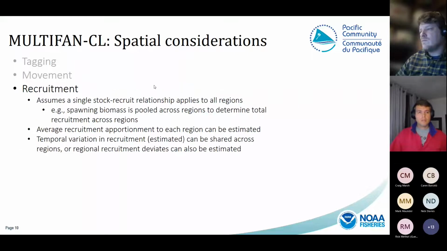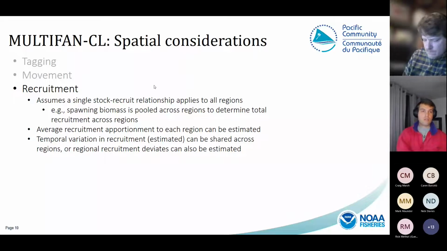In terms of recruitment, the model assumes a single stock recruit relationship applied to all regions. So the spawning biomass in all regions is pooled together to determine the total recruitment, which then gets apportioned into each of the different regions. And that apportionment can be estimated within the model.